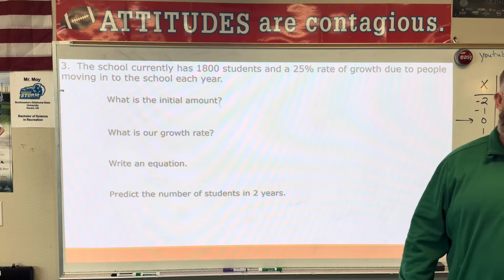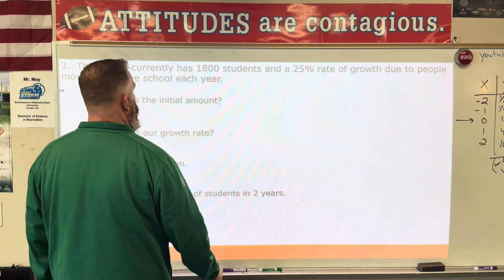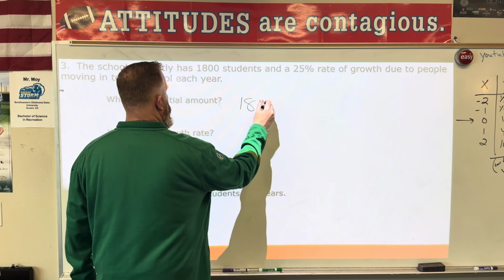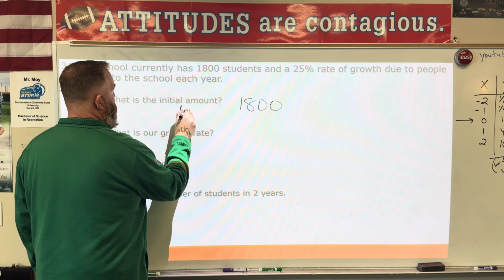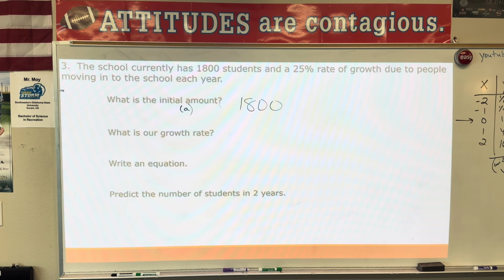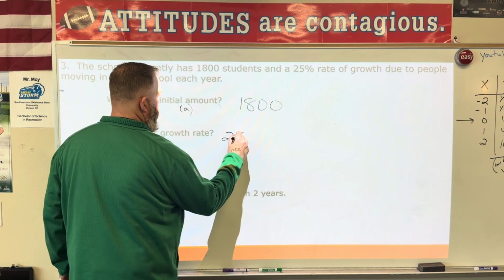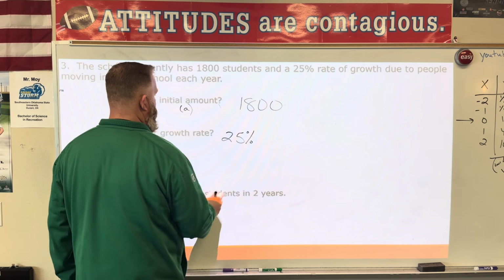What is the initial amount? Let's walk through this worksheet together. What's the initial amount? 1,800. Go ahead and put that down. That's going to be my A, by the way. Remember ABX? My initial amount's going to be A. Now, what is our growth rate? 25%. So it's growing 25%.